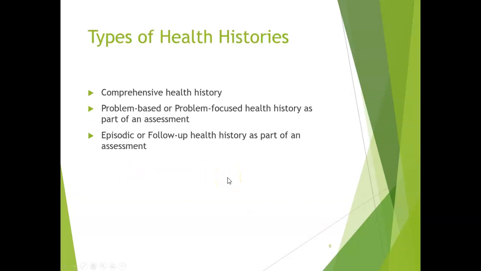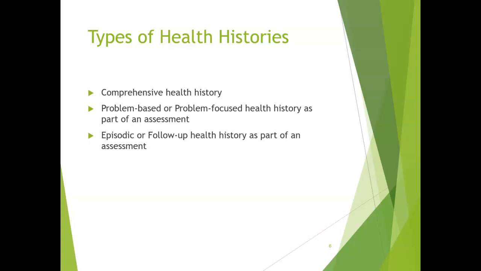So there are different types of health histories. Like I said, there's a comprehensive health history. There's a problem-based one where we focus in on a particular problem as part of the assessment. And then we also can do episodic or follow-up health histories as part of our assessment. That might be something that we might do, like we work day shift one day, and then we might be off for a day, and then we might have that same patient the next day.